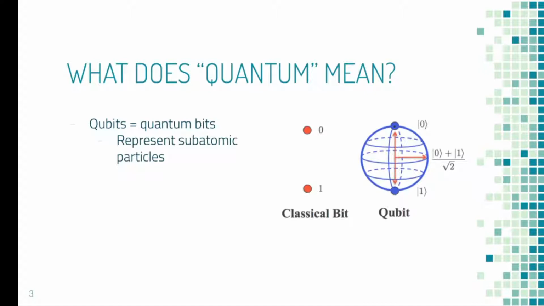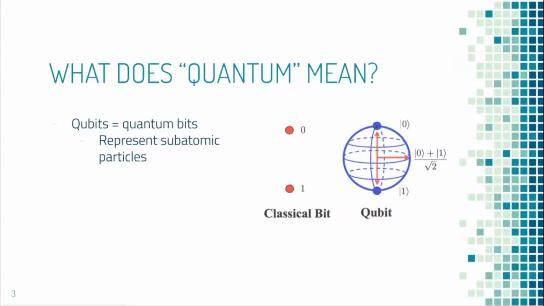It's best defined by a complex vector space, for those of you who are familiar with linear algebra. So it's based on two basis vectors with two complex coefficients, which are called amplitudes. And those amplitudes are what determines the value of the qubit.